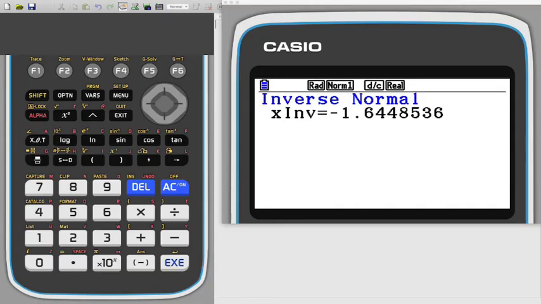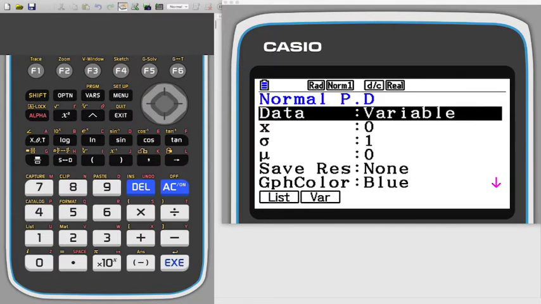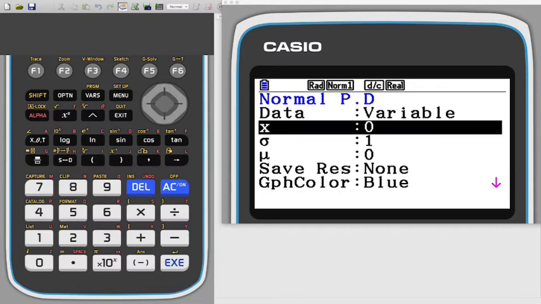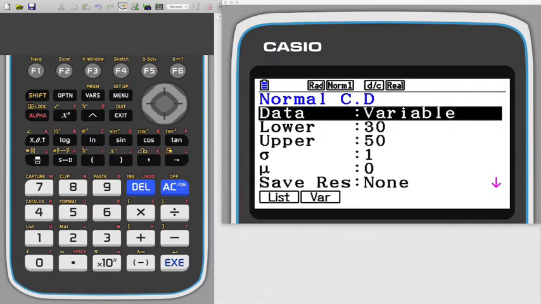Let's exit this, exit that, and then let's do distribution again. Do normal. This time we want NCD. Sorry, I got the wrong one. Exit. Okay, this is the distribution. Normal F2. That's better.